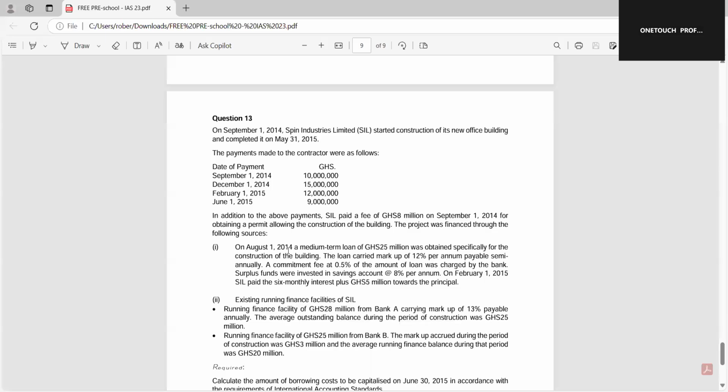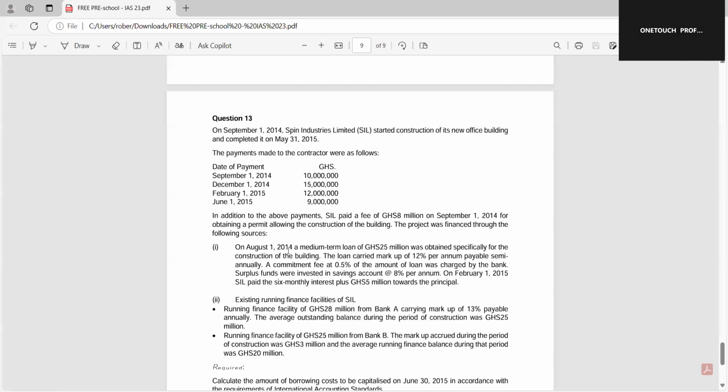Let's read the question. It says that on 1st August 2015, a medium-term loan of 25 million was obtained specifically for the construction of the building. The loan carried markup of 12% per annum, payable semi-annually. The commitment fee of 0.5% of the amount of the loan was charged by the bank. So in fact, the first amount that was taken from the 25 million is the commitment fee, true or false? True.